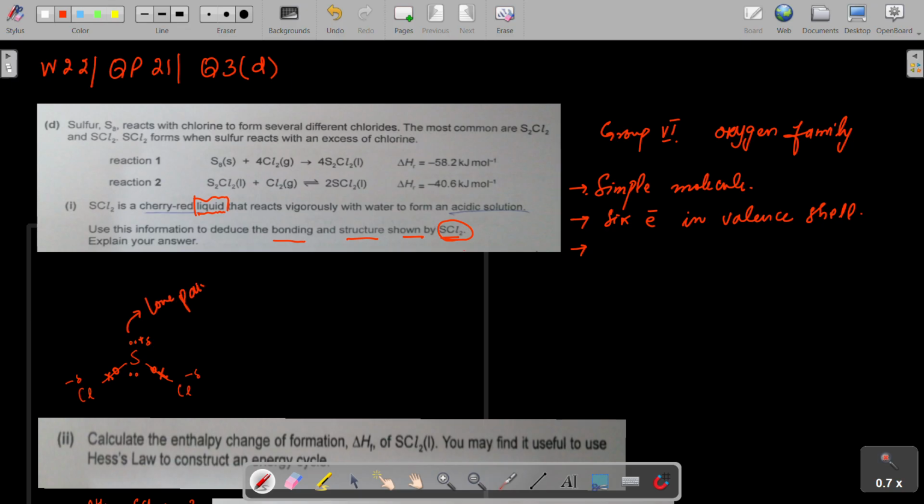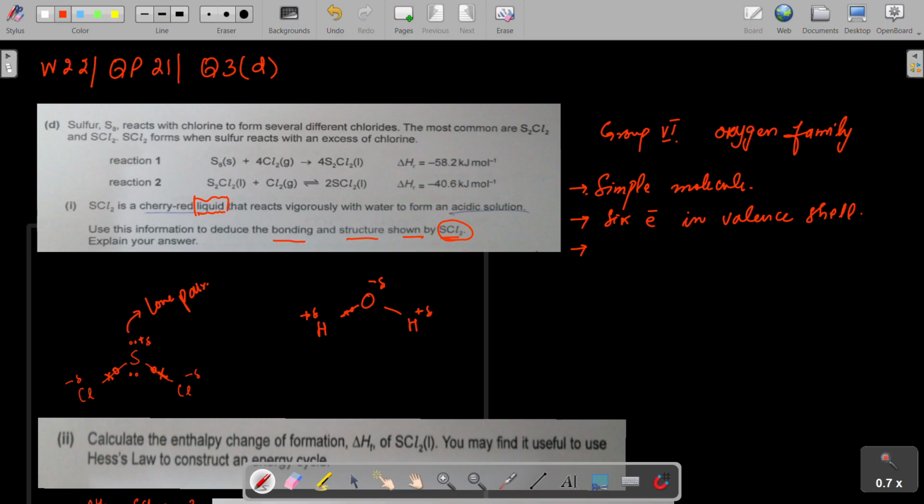So it looks exactly the same as we can see in the case of water. But the difference here is oxygen, being more electronegative, carries a partial negative charge, and hydrogen a partial positive charge.